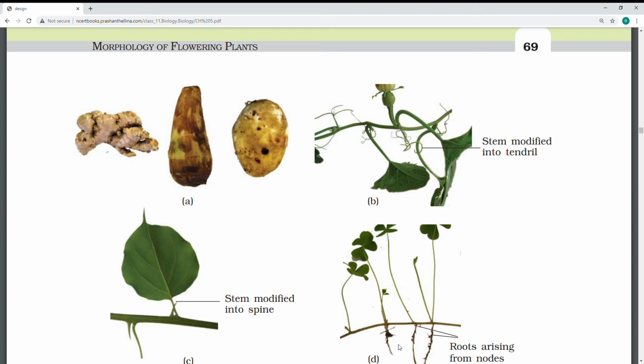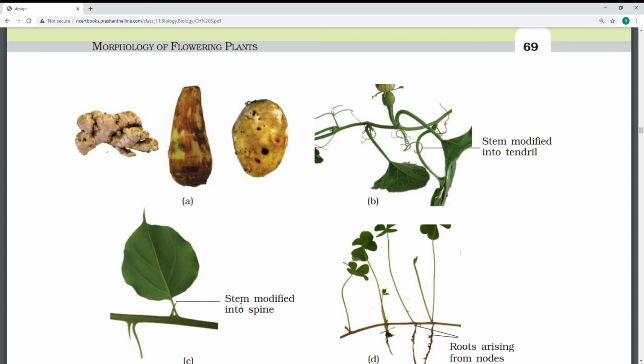The tendrils which develop from the axillary bud of stem are spirally coiled and help plants to climb wherever they find support. In gourds, for example cucumber, pumpkin, watermelon, muskmelon, all these come under the tendrils. Tendril stem is an aerial stem modification.